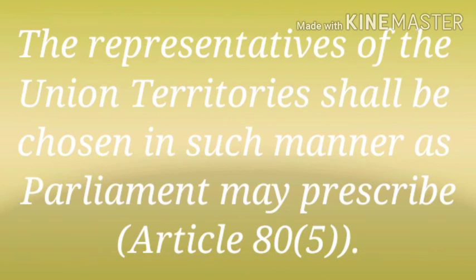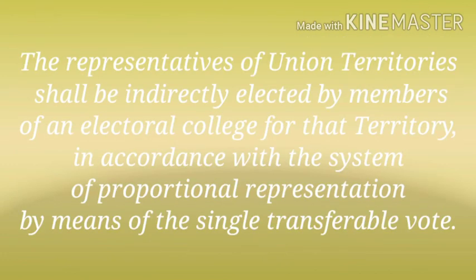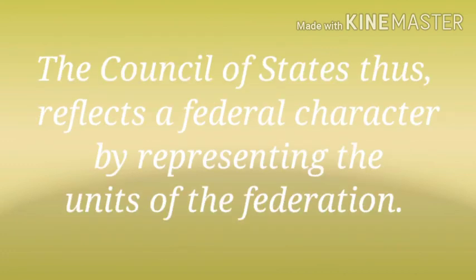Parliament has prescribed that the representatives of Union territories to the Council of States shall be indirectly elected by members of an electoral college for that territory, in accordance with the system of proportional representation by means of the single transferable vote. The Council of States thus reflects a federal character by representing the units of the federation.